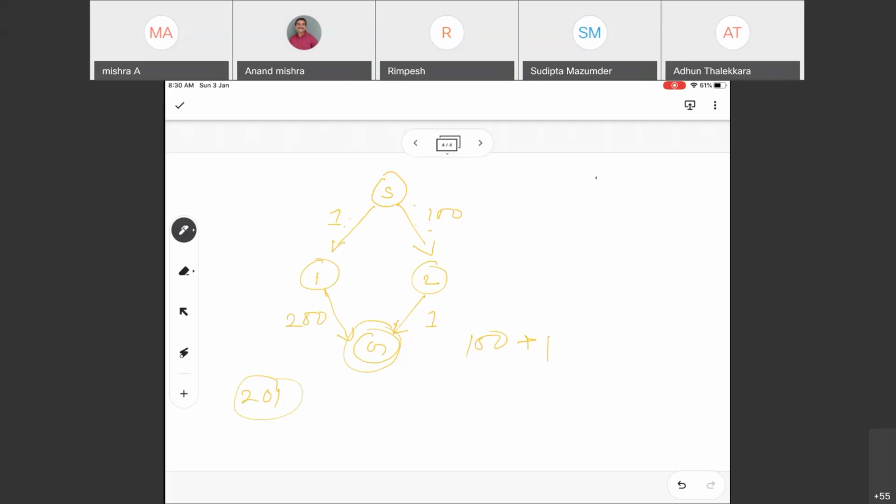So in A star, what happens is you have a start state and you have this goal node there. At every step, you also know how far it is from the goal, right? You know 200 a priori, you know 1 a priori, you know this S and G are some distance apart.